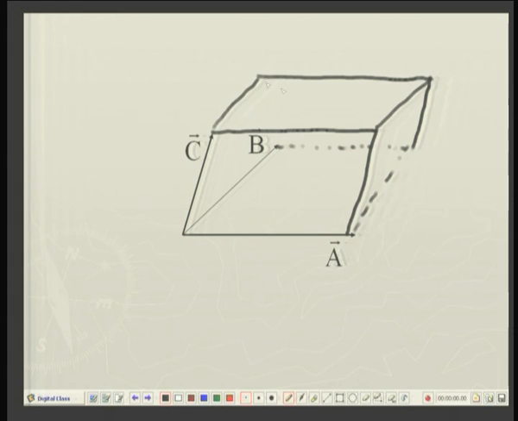So, it makes a parallelepiped. So, the triple scalar product will be simply the volume of this parallelepiped. You compute the volume of this parallelepiped having three adjacent edges as A, B, C, and you will find that the magnitude of this volume will be exactly equal to the magnitude of the triple scalar product.